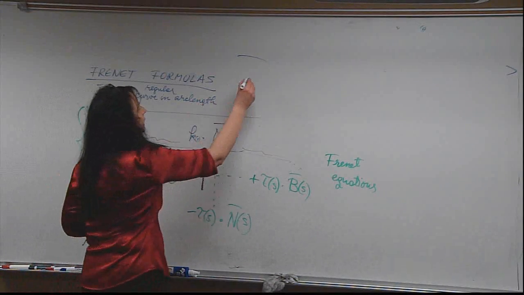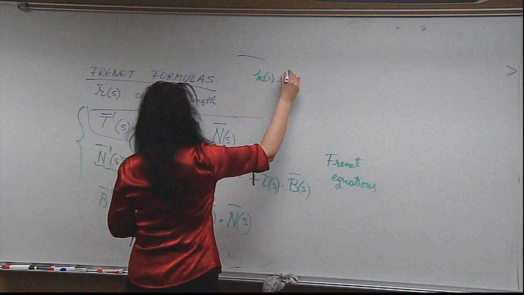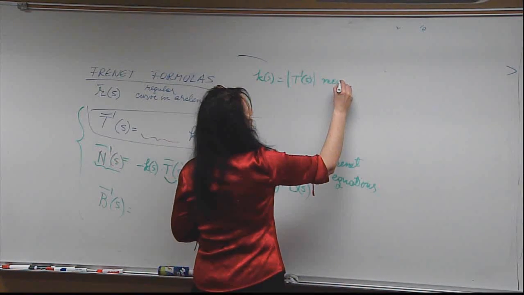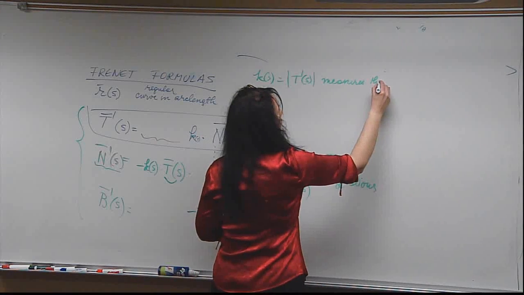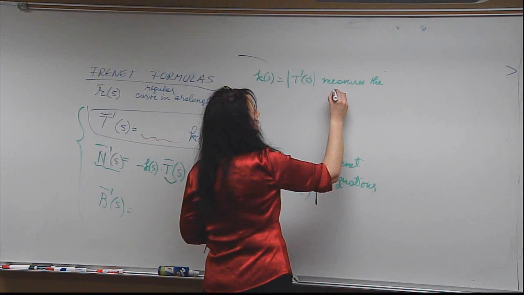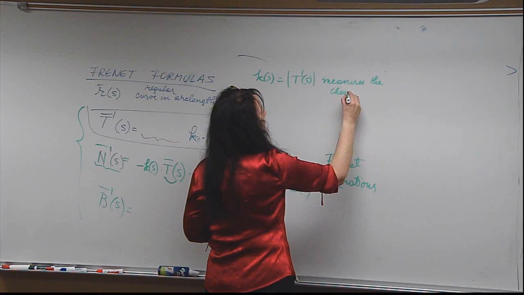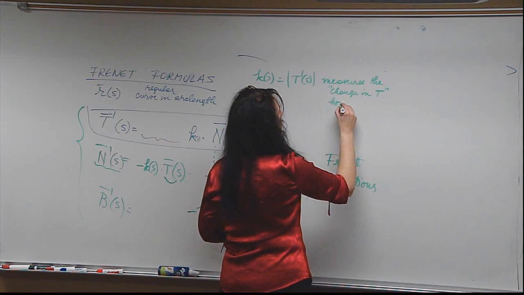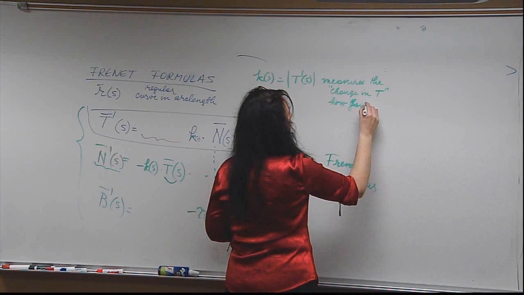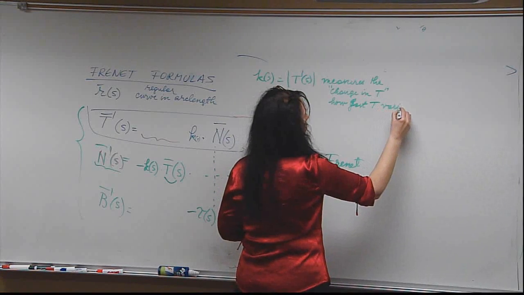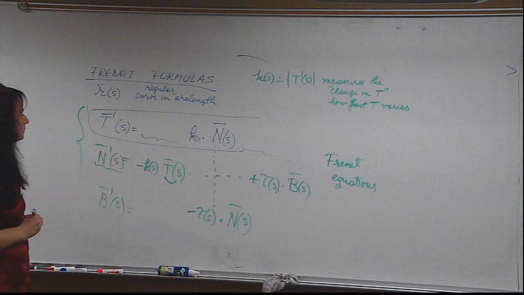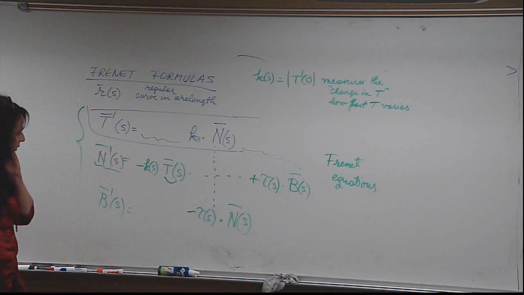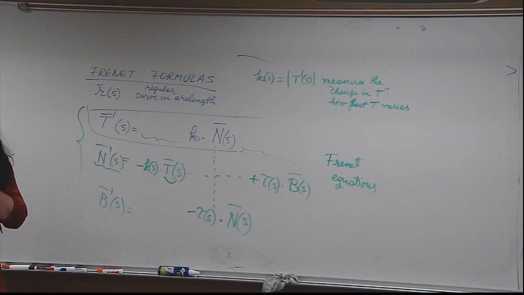So note that K of S is the length of T prime. This measures the change in T, so how fast T varies. Okay? What does the torsion represent? Well, how fast the binormal varies.